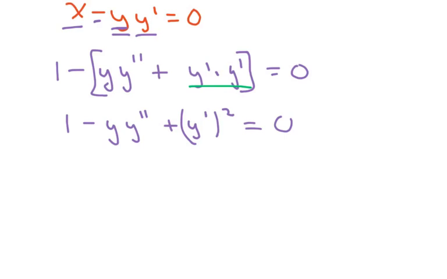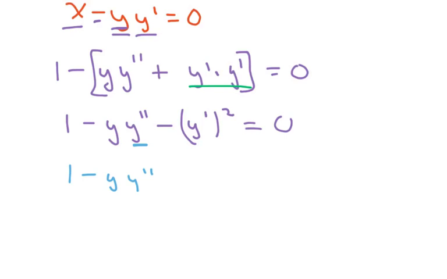Now I'm going to substitute back in my first derivative, because I want to get rid of this. I'm trying to solve for the second derivative. So I'm just going to write this down again. And by the way, this is going to turn to minus. Let me distribute the negative.